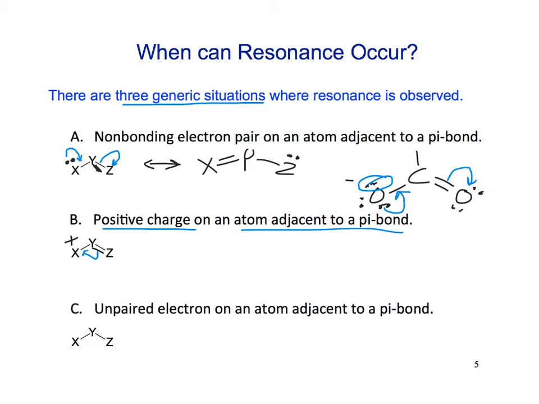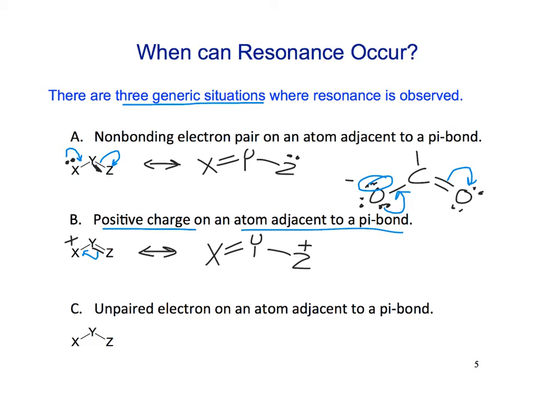And if that happens, our second resonance contributor will have the double bond between X and Y, and the plus charge is now left behind on Z. Okay, so we'll see some examples like this as we move forward.